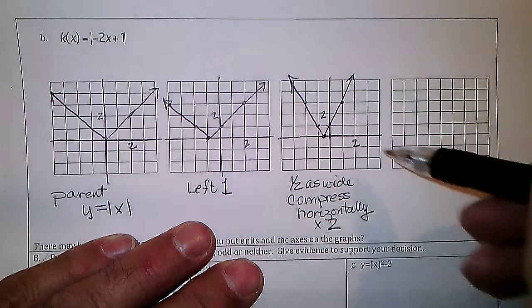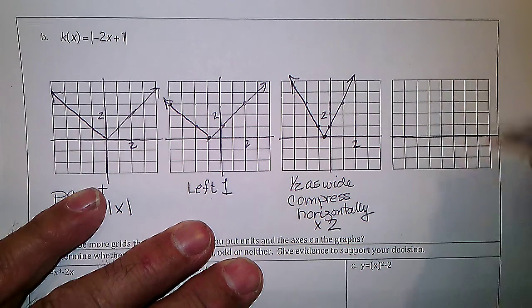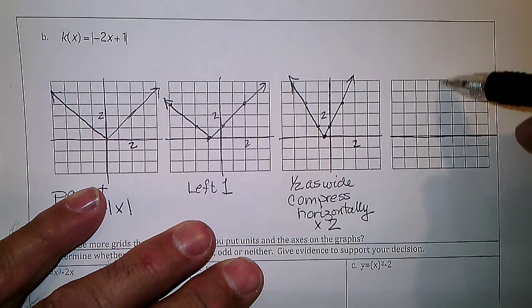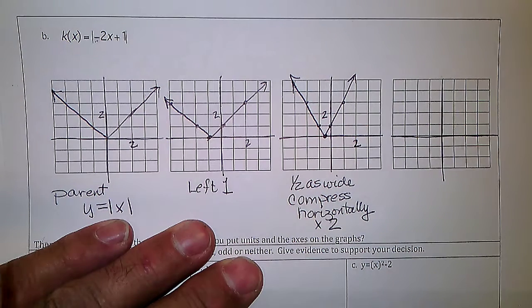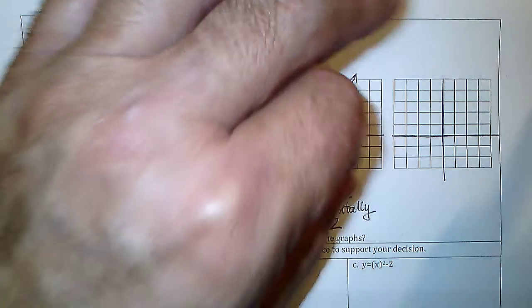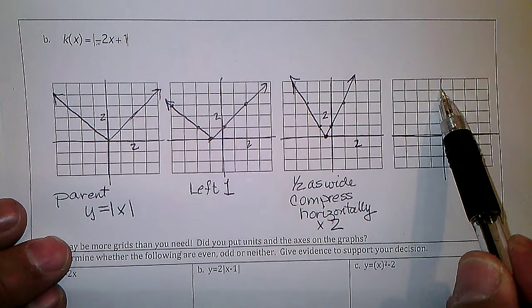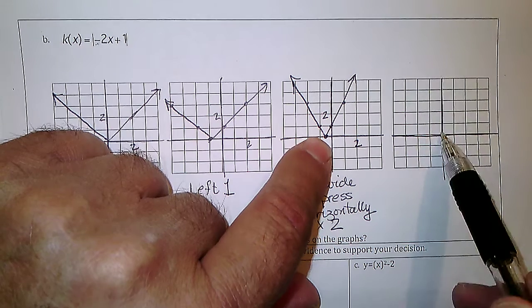And then finally, the -2, which will do what? Well, let's see. That's the negative, but it's inside. So it's going to work horizontally, and it's going to do a flip over the axis. Not over the center of the graph, but over the axis.